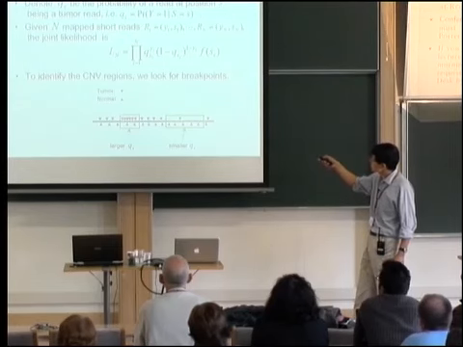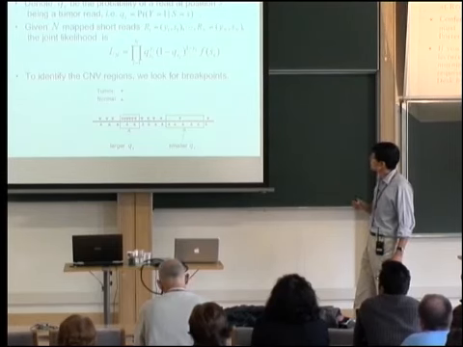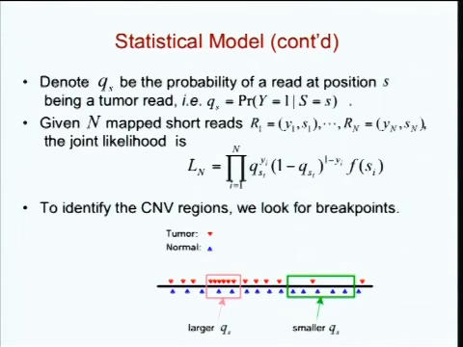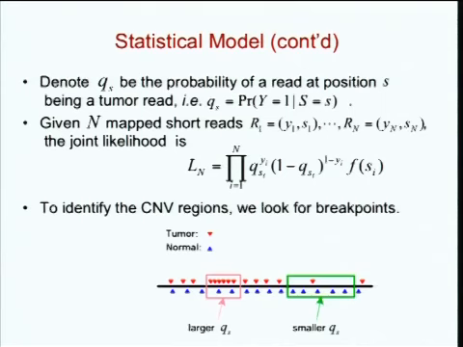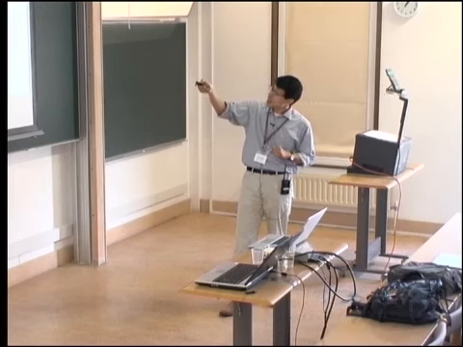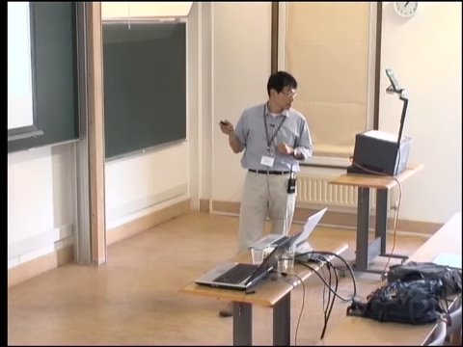So we're going to denote Q of S to be the probability of a read at position S being a tumor read. The notation gets a little complicated, but the idea is very simple. Given some read at position S, what is the probability that it's a tumor read? And then we simply construct this likelihood.